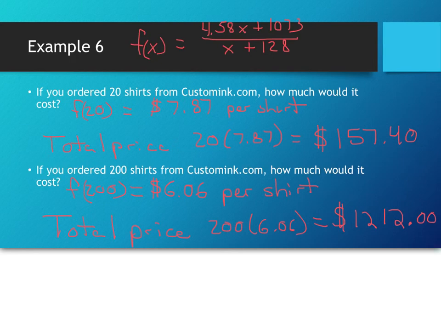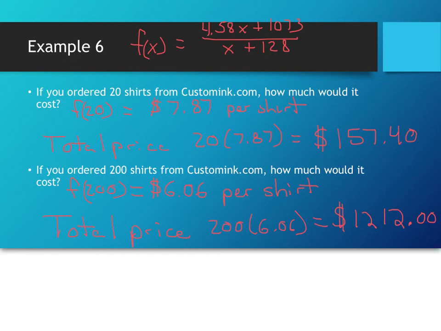Okay. Now it brings up some situations here. This is the pricing scenario on a lot of things. I'm not saying that it fits this function exactly. In fact, Custom Ink's pricing might not fit this function exactly, but it's fairly close. But it is interesting.